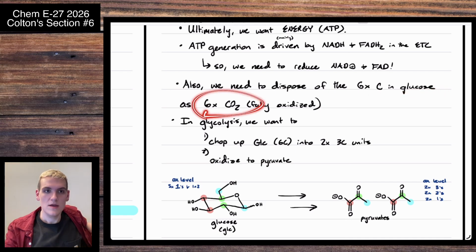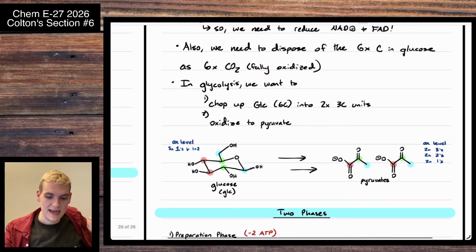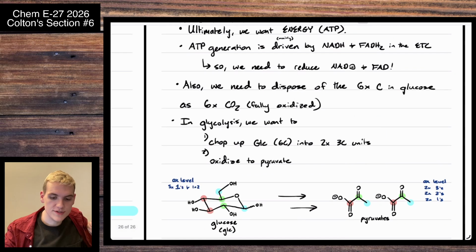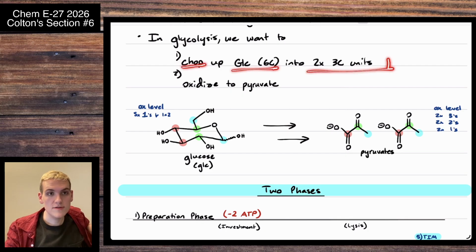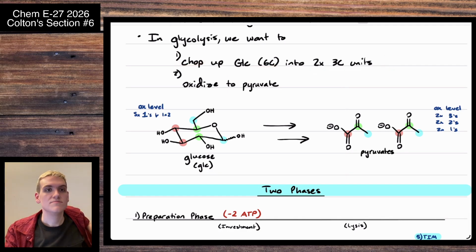So in glycolysis, in working towards these chemical goals of reducing NAD and FAD and then disposing of the carbon as CO2, our goals, chemically, are we want to chop up glucose, which is 6 carbons, into 2 3-carbon units, and we want to oxidize those carbons from our original glucose into pyruvates.